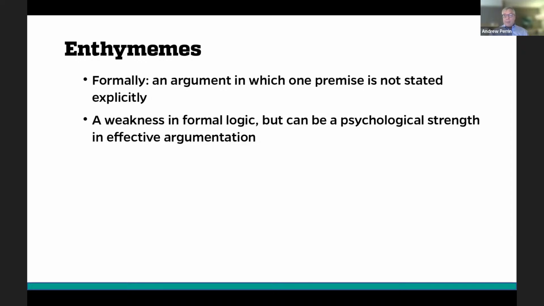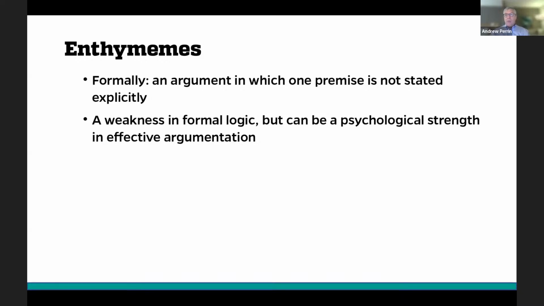That misses an important premise, which is that climate change mitigation is a valuable and important way of addressing the reality of climate change. So in formal logic, this comes from Aristotle, an enthymeme is an argument in which one premise is not explicitly stated. And in formal logic, this is considered a weakness in an argument, right?